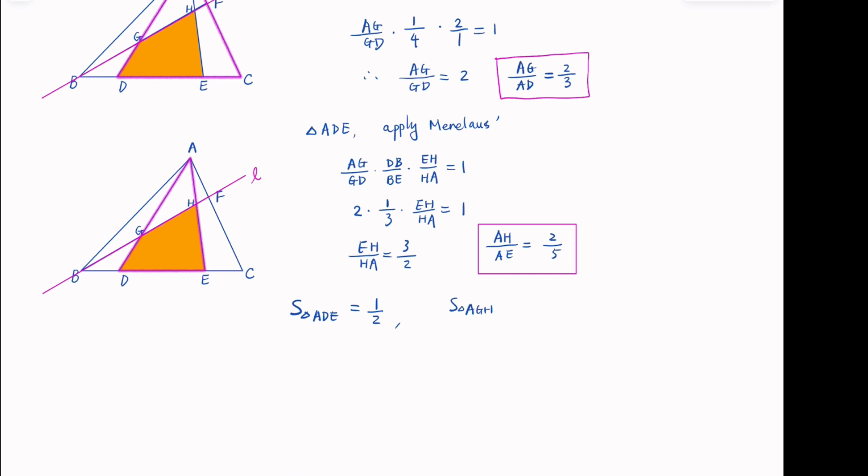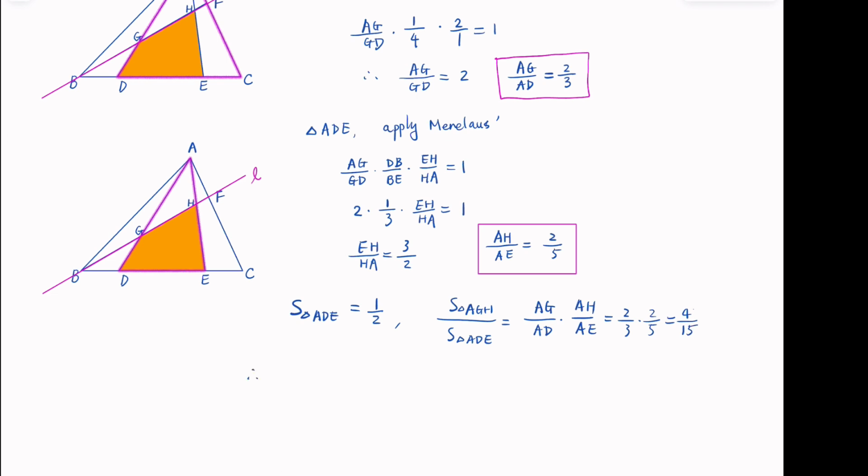Now what is the area of AGH over ADE? We claim that that's going to be the ratio of AG over AD times AH over AE. Now we know the two numbers here are 2/3 and 2/5, so it's going to be 4/15.